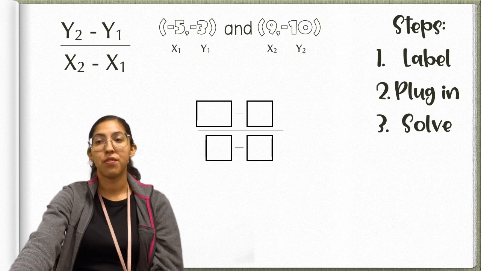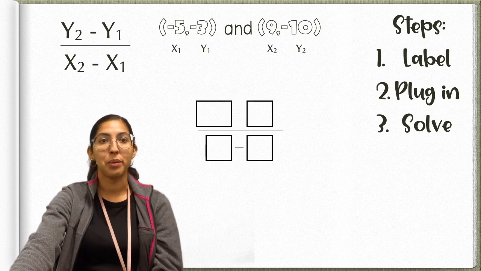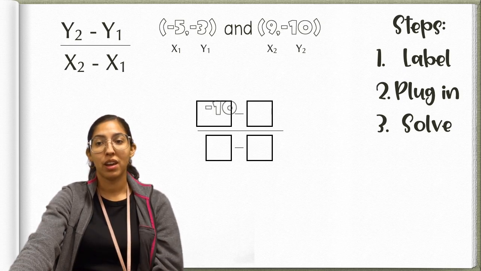And if this is kind of confusing for you, I would draw boxes and put in my numbers in the boxes so I don't mess up any signs. So I've got -10 going into the y2 box, -3 going in for y1, 9 going in for x2, and -5 going in for x1.